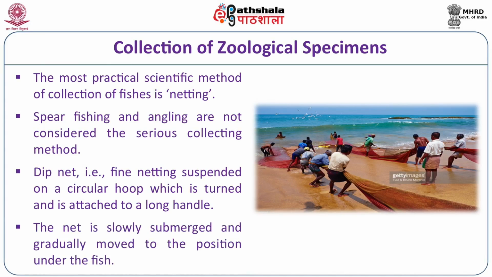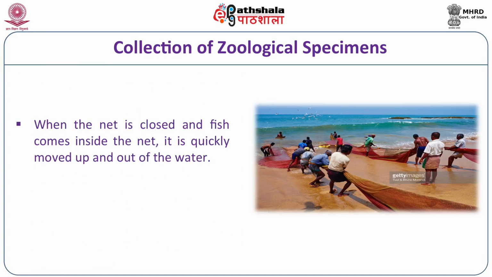Then the net is slowly and gradually moved to the position under the specimen. Then the specimens are collected. And when the net is closed and the fish comes inside the net, it is quickly moved up and out of the water.